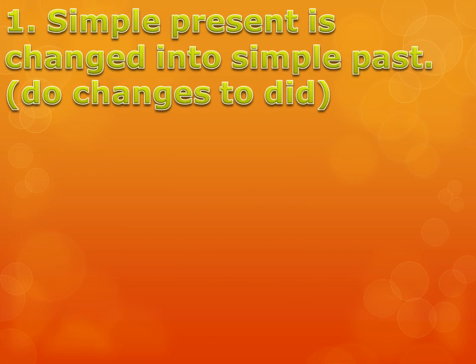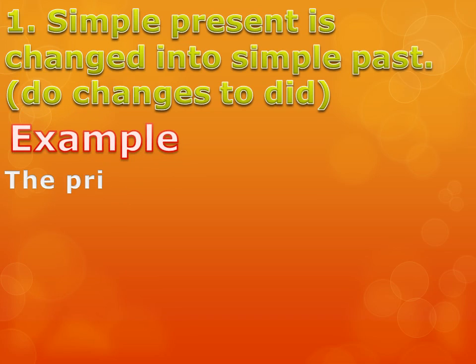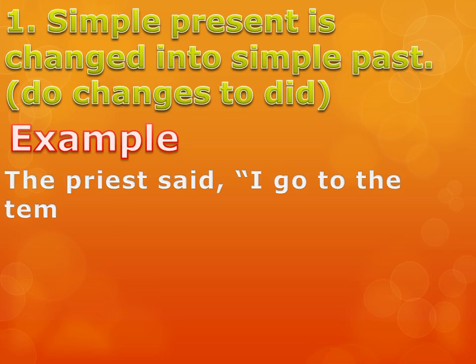First rule states that simple present is changed into simple past. That means do changes to did. Now let's take an example. The priest said, I go to the temple. Now it is the direct speech.